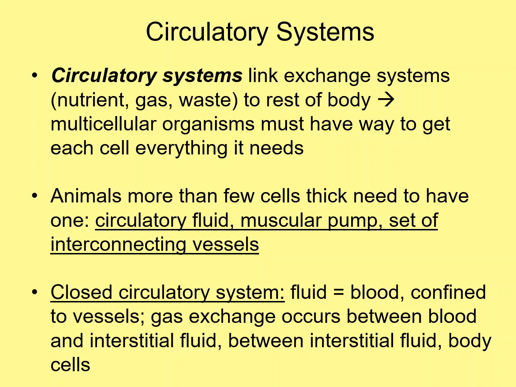Most animals that move with purpose, so our bilaterally symmetrical animals that swim, walk, fly, whatever, and are thicker than a couple of cells, have one. Flatworms don't have a circulatory system, really, because they don't need one. But most more complicated animals do, and most have what's called a closed circulatory system.